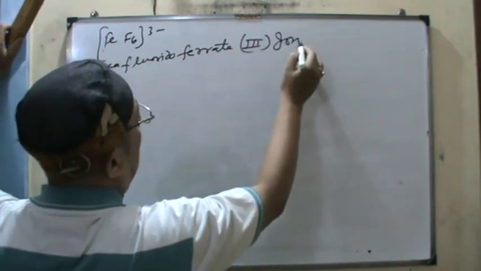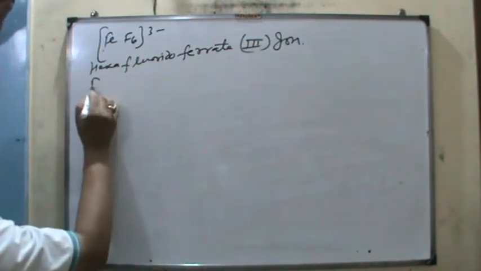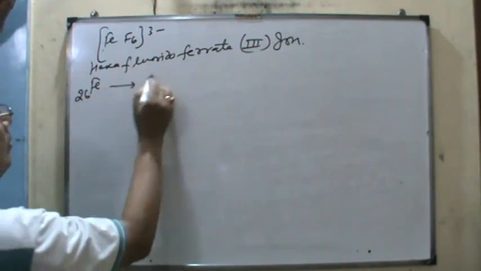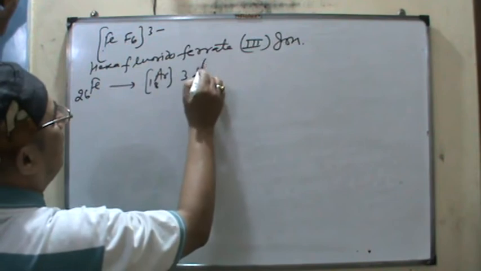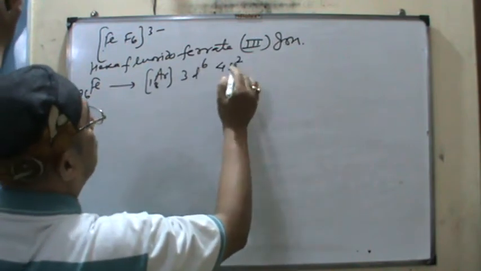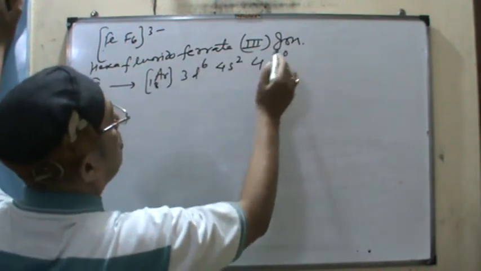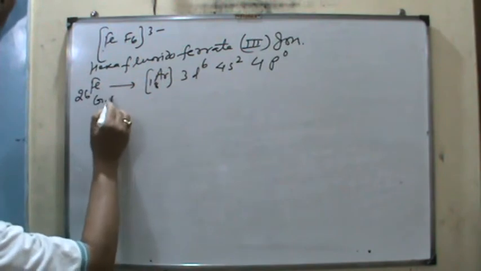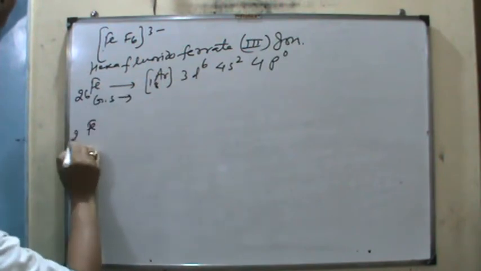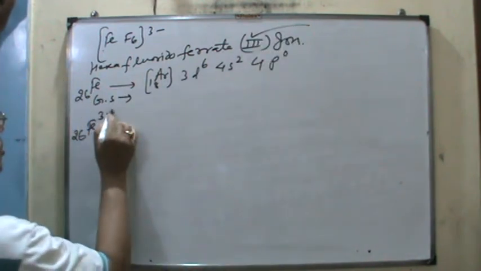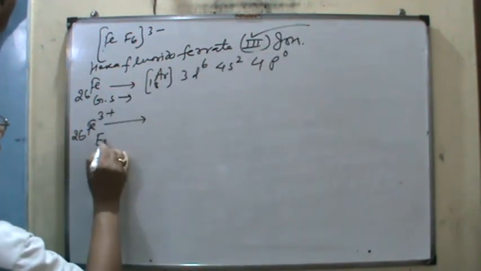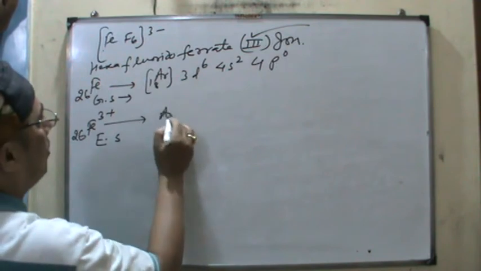Third iron. First we again write the same atomic number. Argon 3d6, 4s2, 4p0. It is the ground state configuration. Again 26, how much oxidation state? 3. Take 3 positive. It is the excited state. You can write here, no problem.